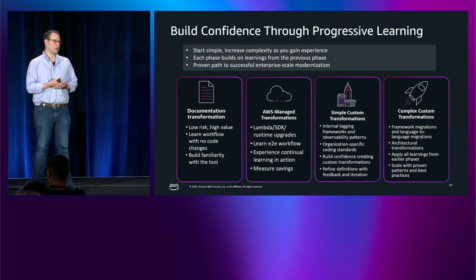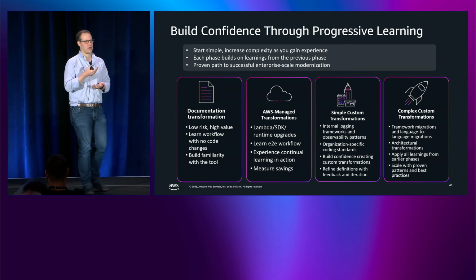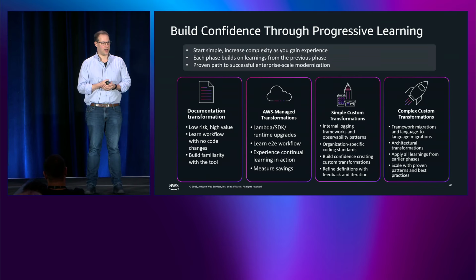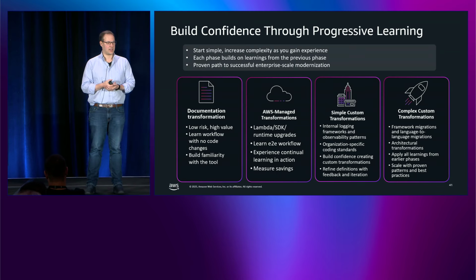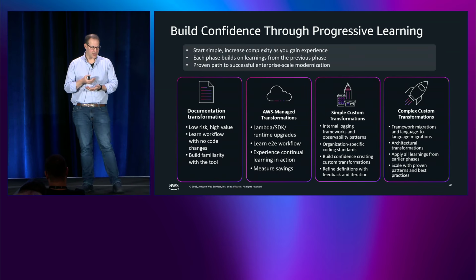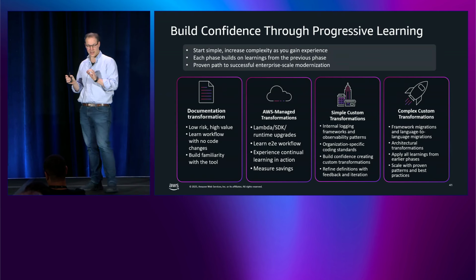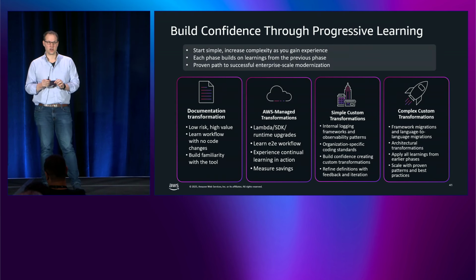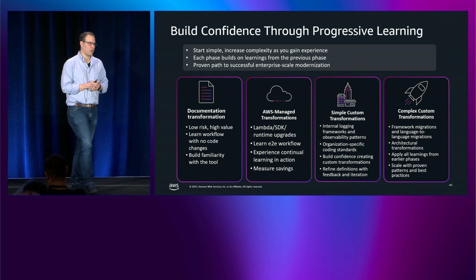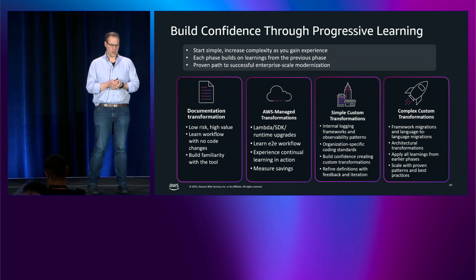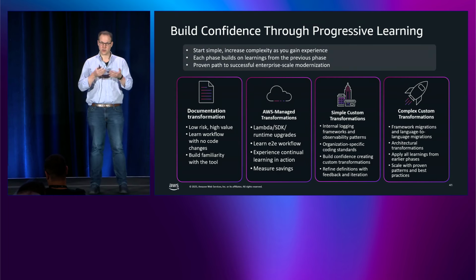Every customer we talk to has problems with runtime upgrades, end of life, and SDK upgrades. This allows you to learn the end-to-end workflow, to experience continual learning in action, to customize and tweak things for your own specific organization, and you can start measuring savings and see what you can get with this technology. You can then move on to simple custom transformations.